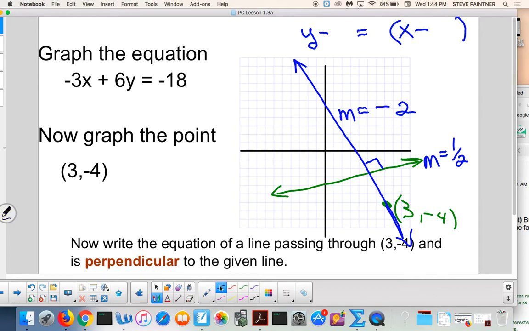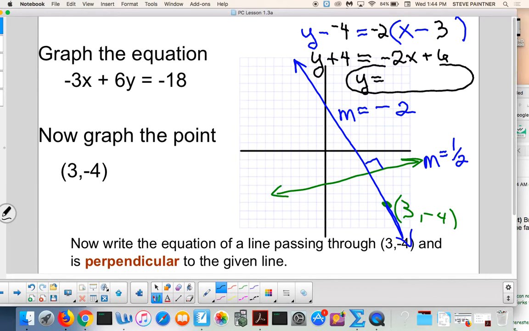You got a point, you got a slope, write the equation. And that is not the hard part. So I'll just do this quick. What is it? -2x plus what?